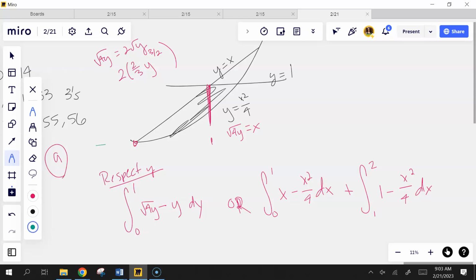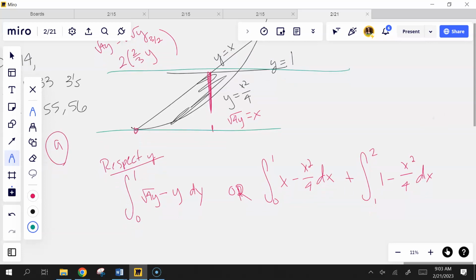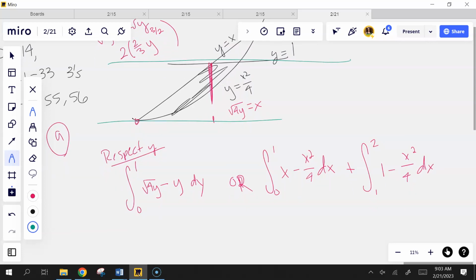So it's just saying go from 0 to 1 and then do right curve minus left curve. You see what I'm saying? So that one might be easier for you to see. 2/6 again? Maybe their answer is wrong. Did you do it with respect to y or respect to x? All right, so this is really 2 square root of y. So I get 2 times 2/3 y to the 3/2 minus 1/2 y squared from 0 to 1.